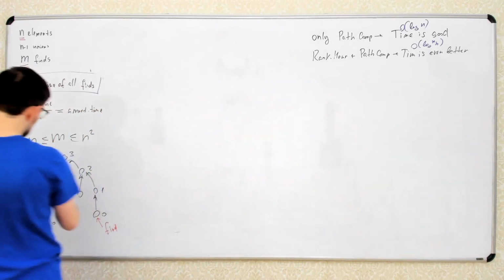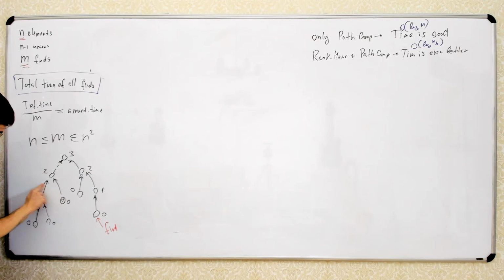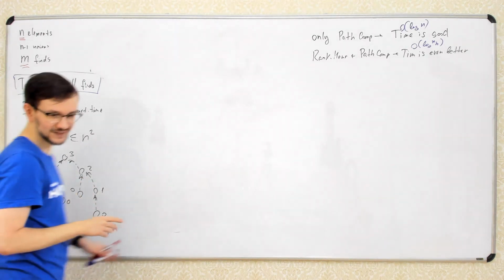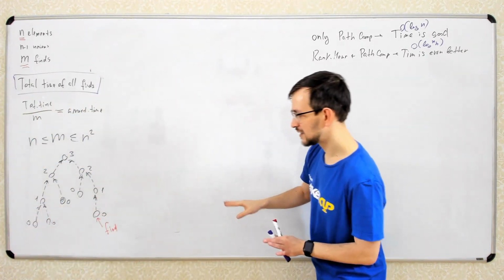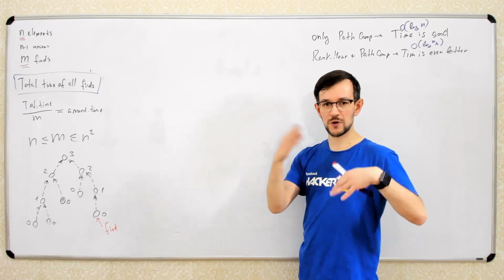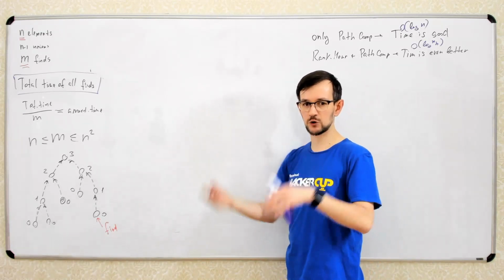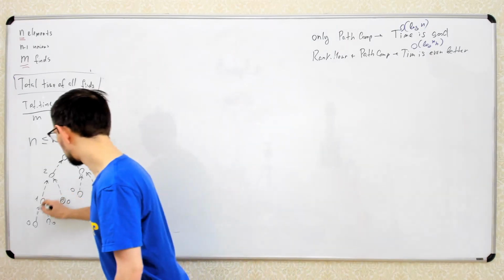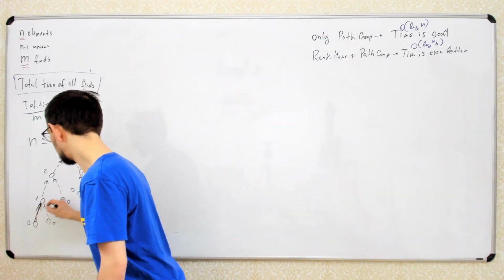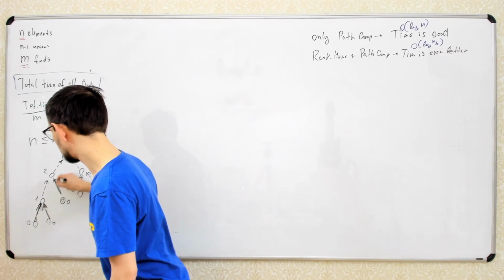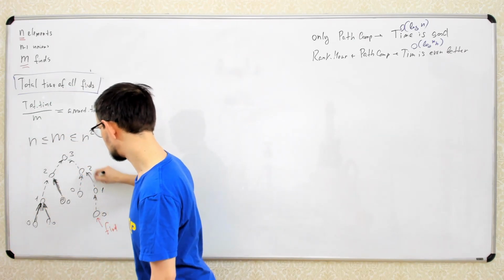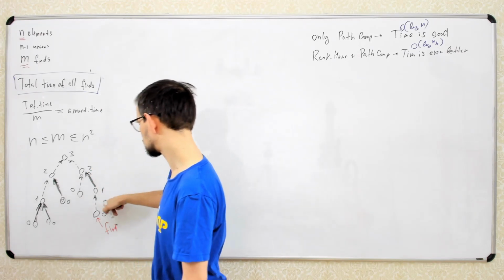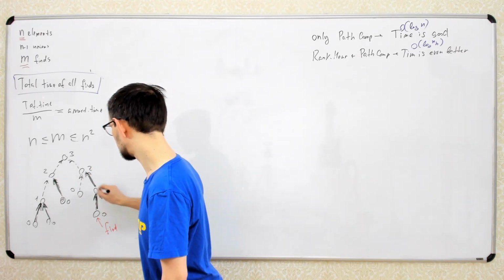You can think about it like this: this is the sketch of the final tree. You perform some operations, some finds and some unions. So at some point you make a union of these two vertices, then a union of these two vertices, then this union, then let's say this union.